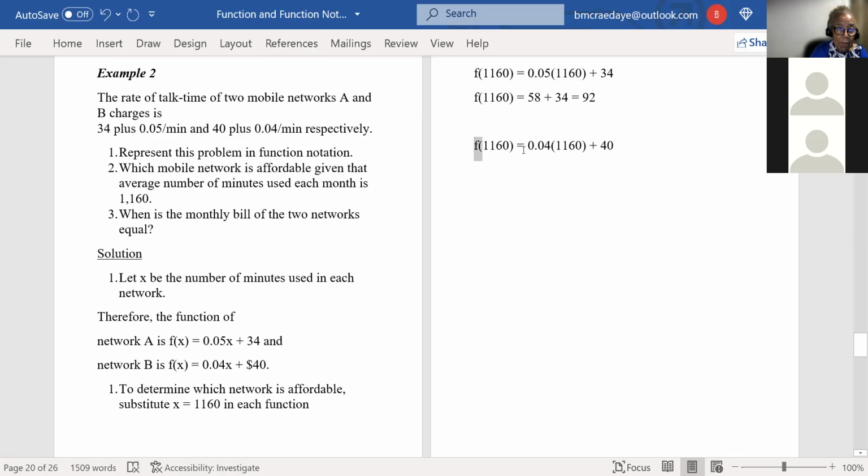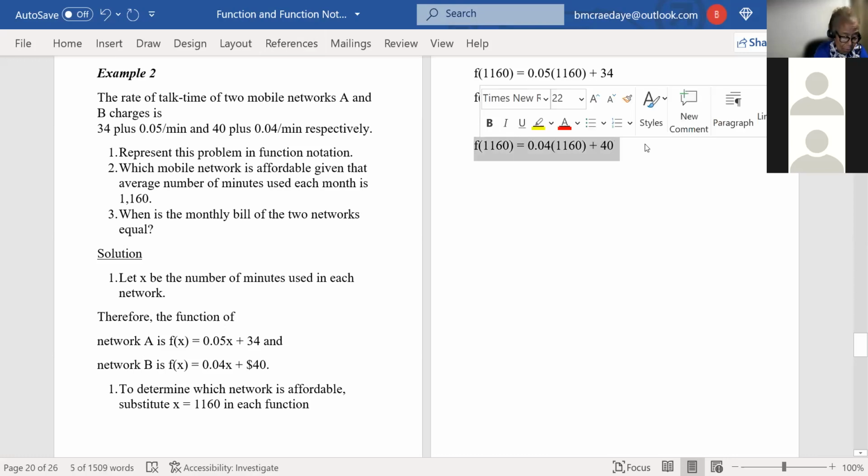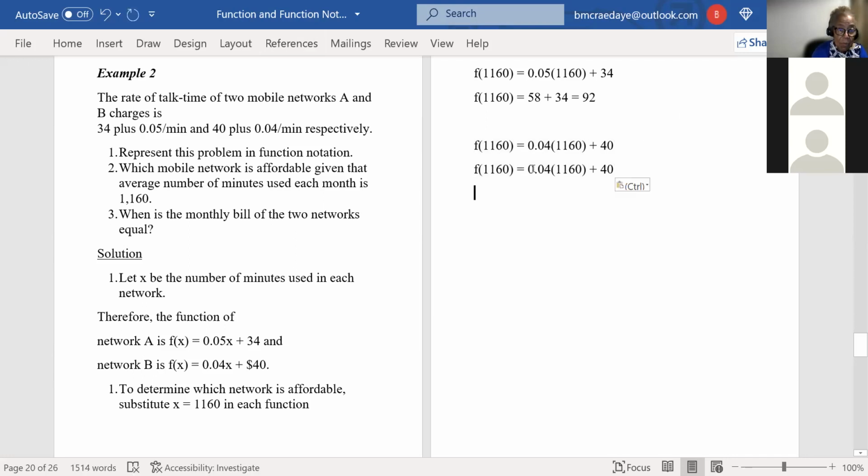Okay, so let's just copy this. So this was what I got, 46.4. And then we added 40 to that. So it's 86.4. So which one is more affordable? B. That's right, because it's less.